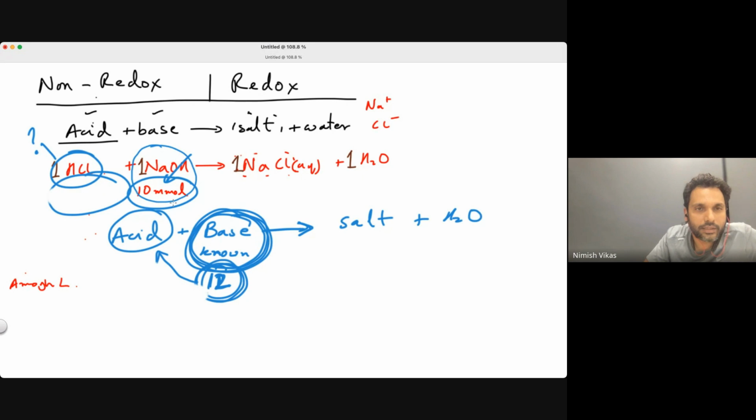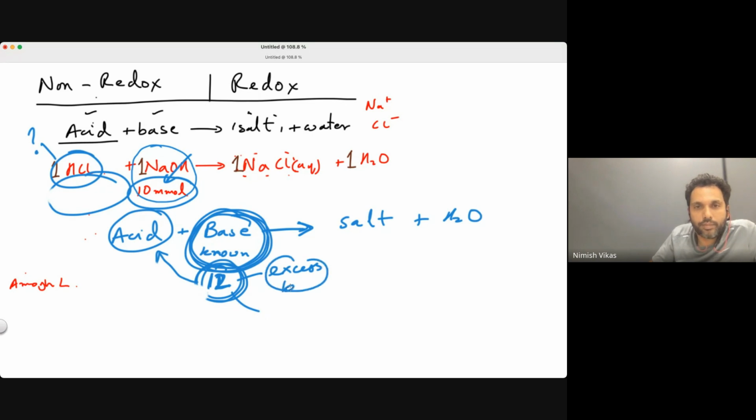You write the balanced reaction, it is done. But if they want to complicate the question, they will say that I am giving you the amount of NaOH which was not exact, which was a bit in excess. Now, how much excess?